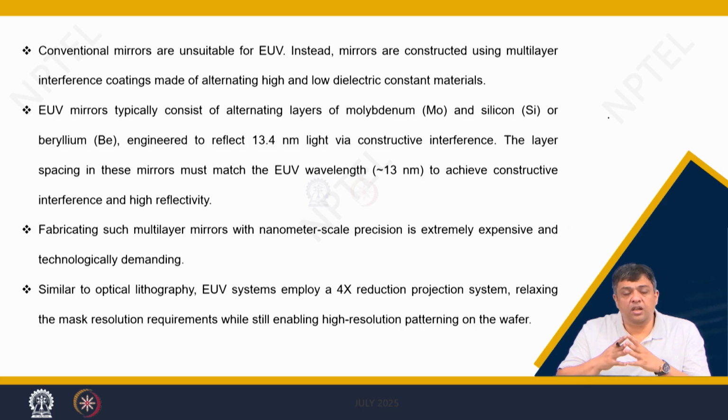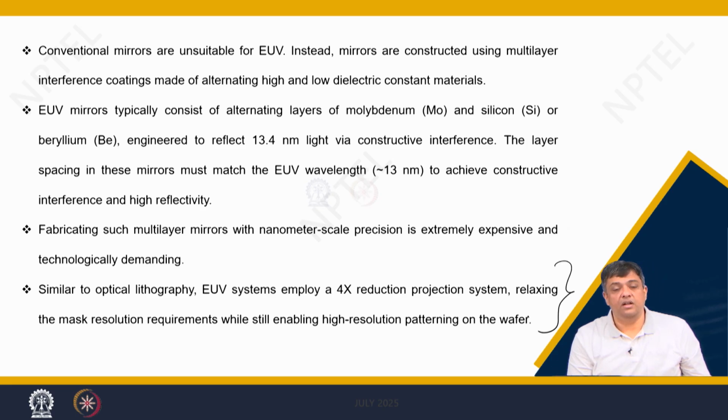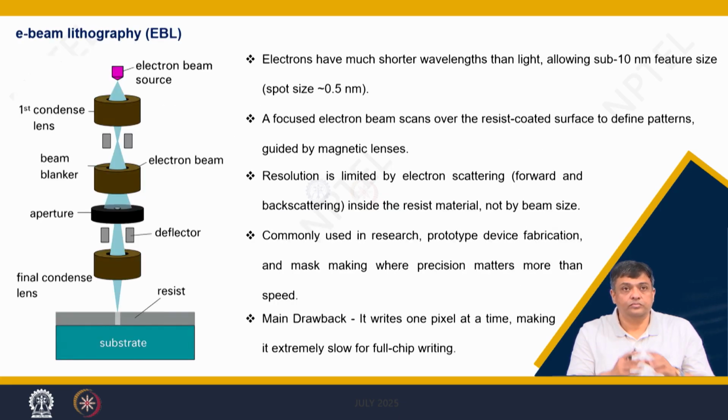Similarly to optical lithography, EUV systems employ a 4x reduction projection system, relaxing the mask resolution requirements while still enabling high resolution patterning on the wafer. So, because of this process, you can obtain high resolution while patterning the structure on the wafer.